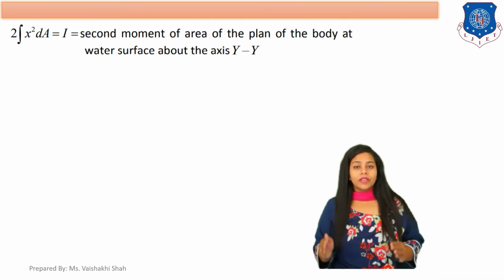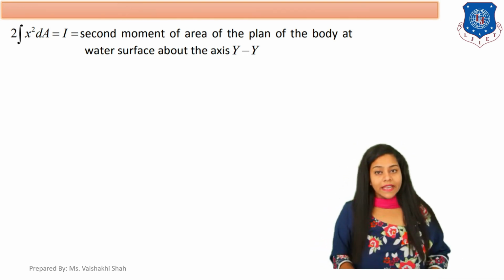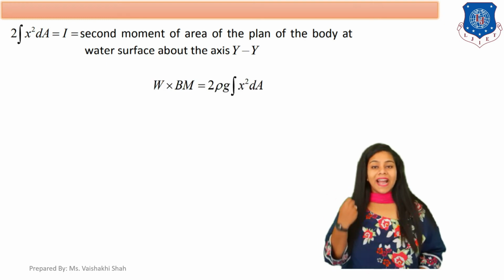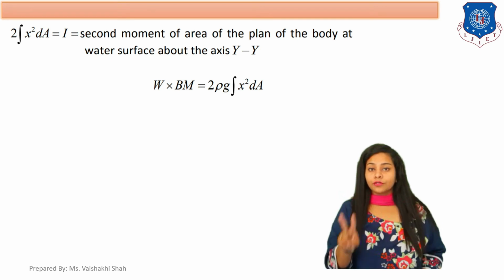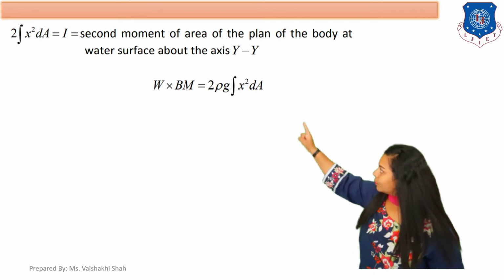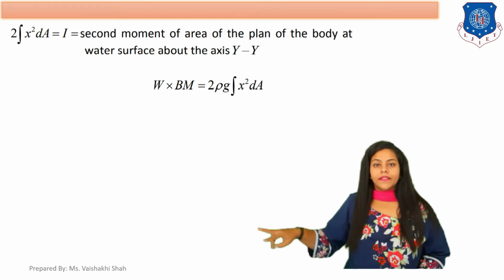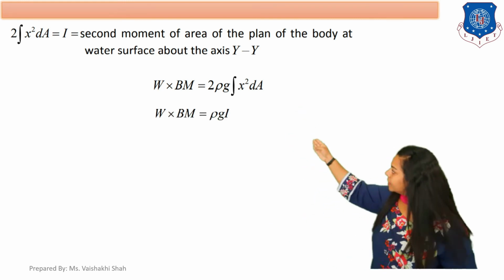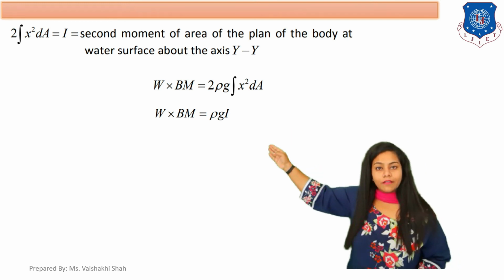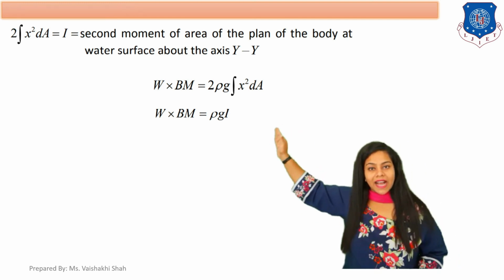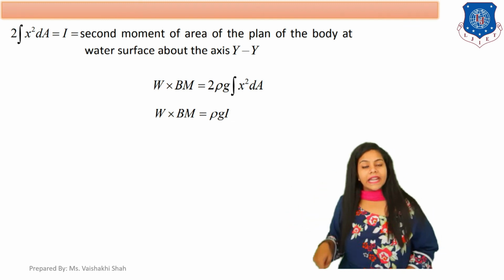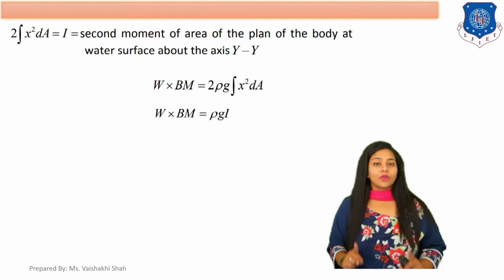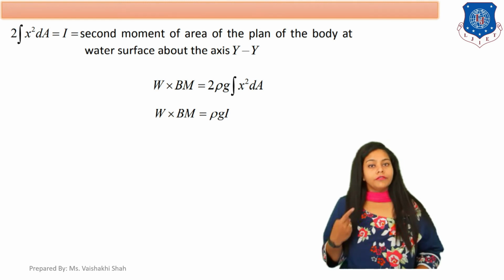Replacing in this equation, your equation becomes W into Bm equals rho g I. We replaced 2 integration x square dA with I, which is called the second moment of inertia.